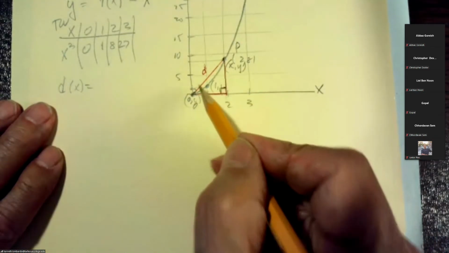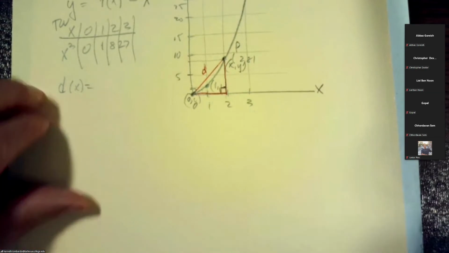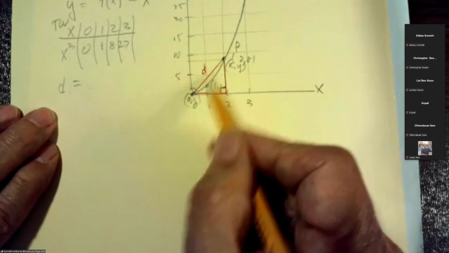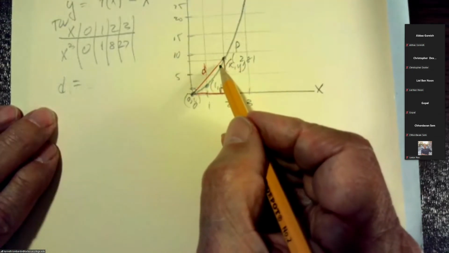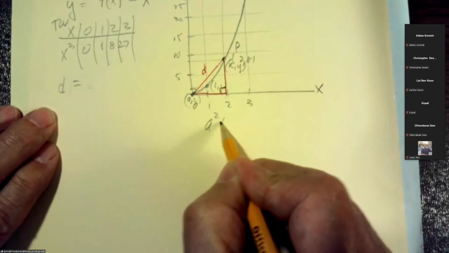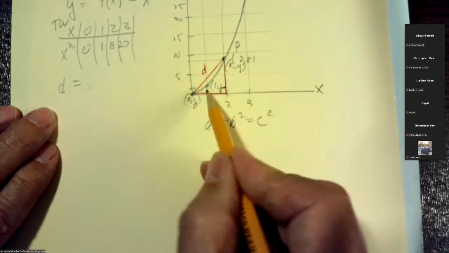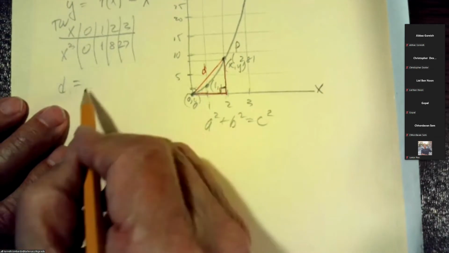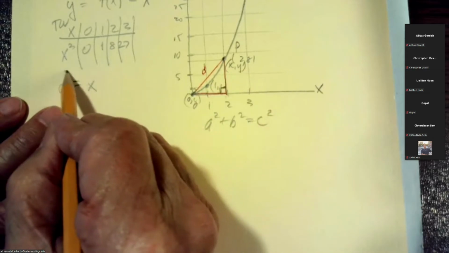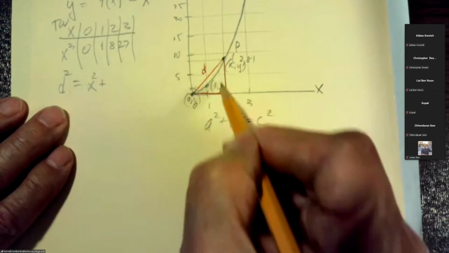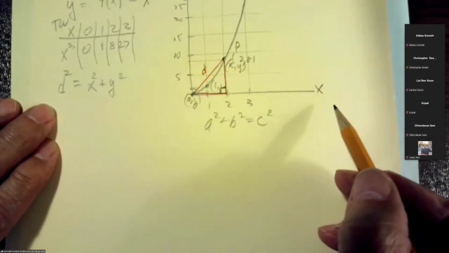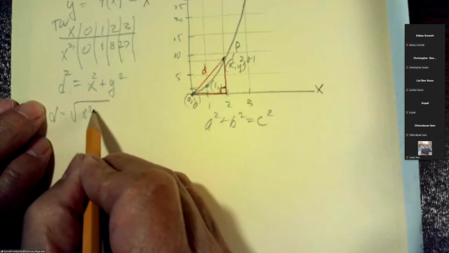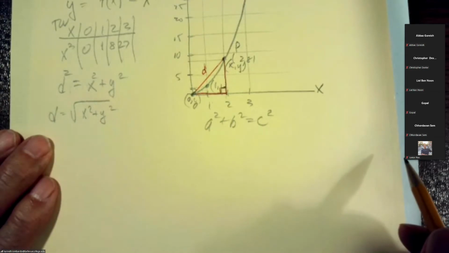Well, I know the Pythagorean theorem says that a squared plus b squared equals c squared, doesn't it? So if this distance is X, d squared equals x squared plus, call this vertical distance y squared. So if I'm looking for d, I'd say d equals the positive root of x squared plus y squared.